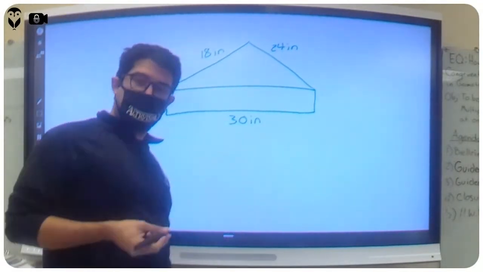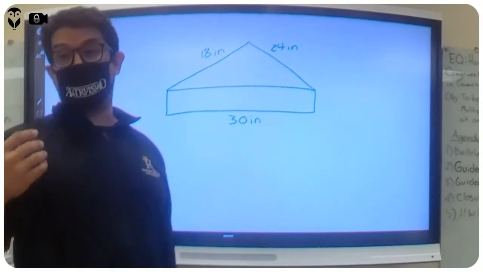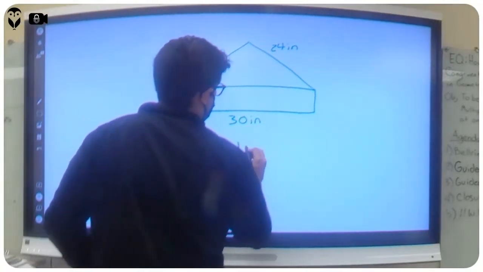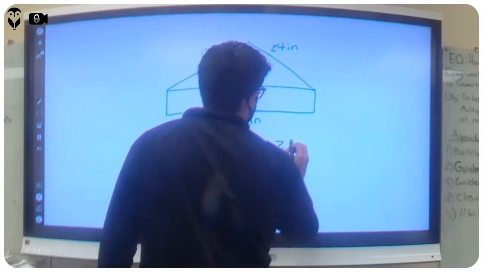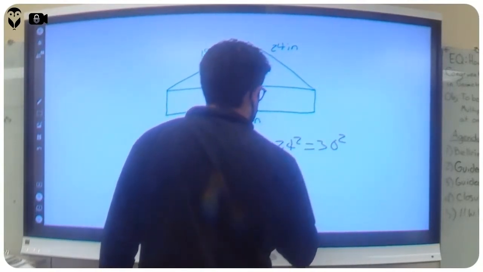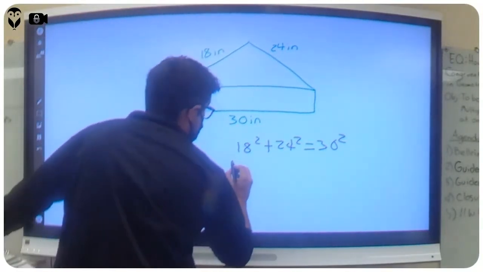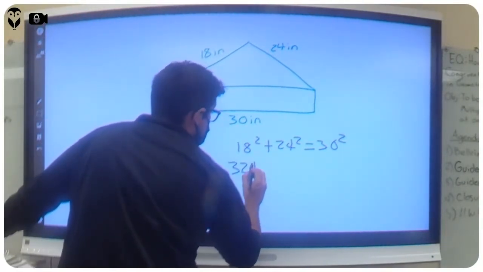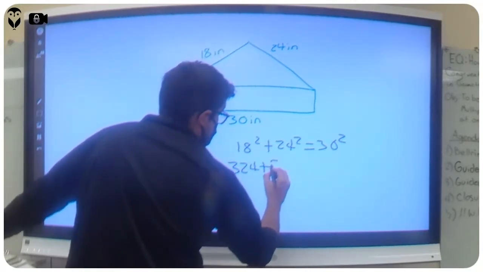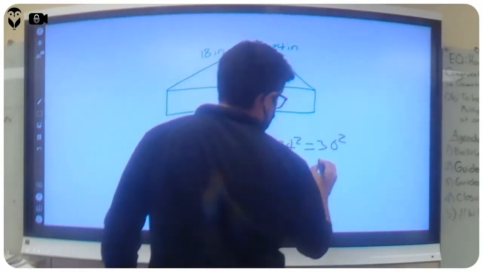Well, we can check if this is a 90-degree triangle because the Pythagorean theorem only works with 90-degree triangles. So we're going to do a squared plus b squared equals c squared. 18 squared is 324 plus 24 squared, which is 576, equals 30 squared, which is 900.